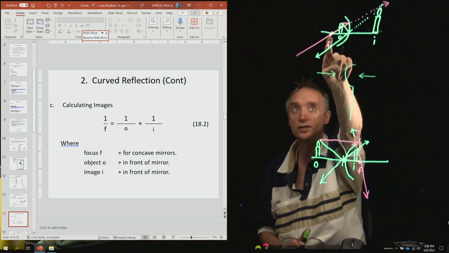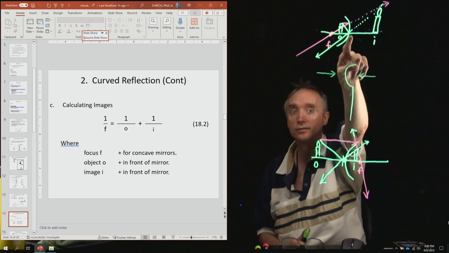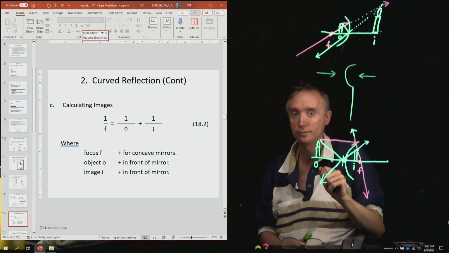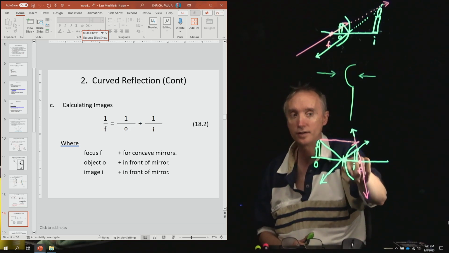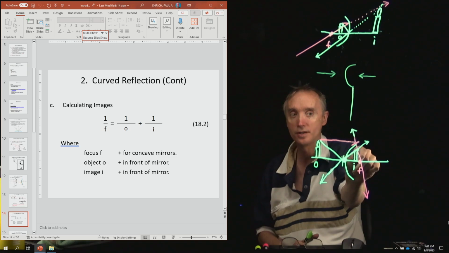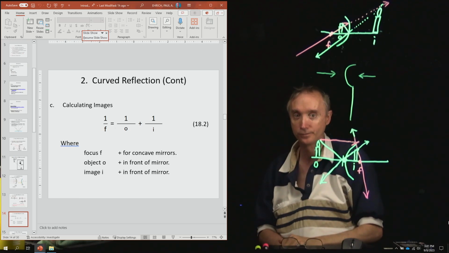So the distance from here to here, that's going to be the focus, and that was going to be a positive number. For the convex mirror, the focus is on this side, and the F would be a negative number. So you'd measure that distance, but then tack a negative sign on it.